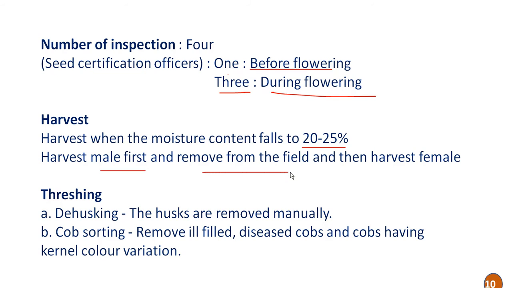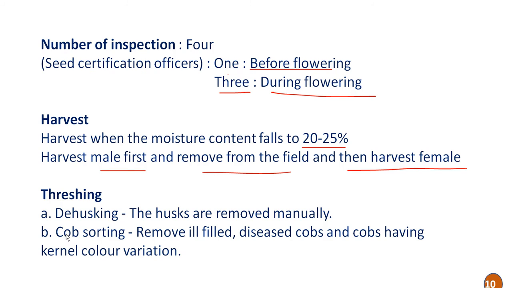Harvest the male first and remove it from the field, and then harvest the female. As the hybrid seed has to be harvested from the female, take care that there is no admixture or physical mixing of other seeds or seeds of the male and female, so the male should be harvested first and removed from the field, and only after that the female is harvested.